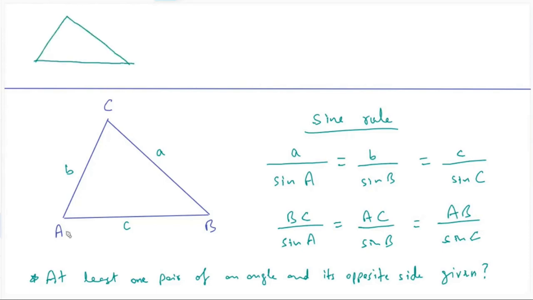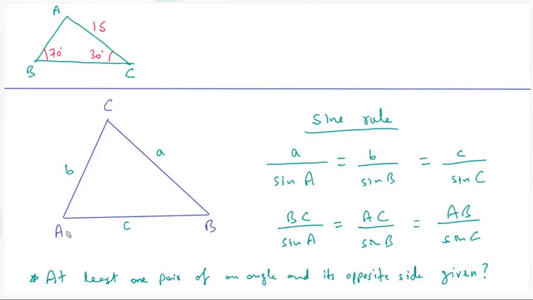This is A, this is B, and this is C. And I'm told that this angle that I have here is 30 degrees. And I also know that, let's say this angle here is 70 degrees. And I know that this side here, AC, is 15. Okay, this is what we have given.